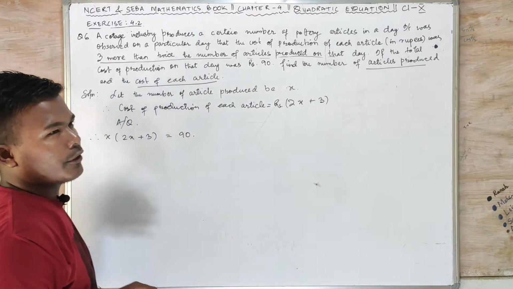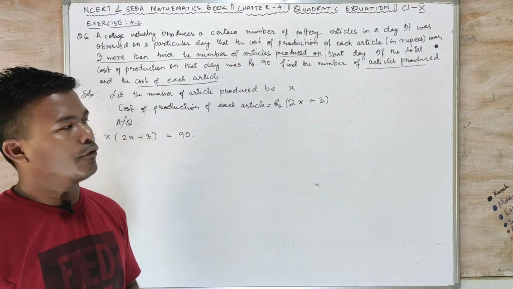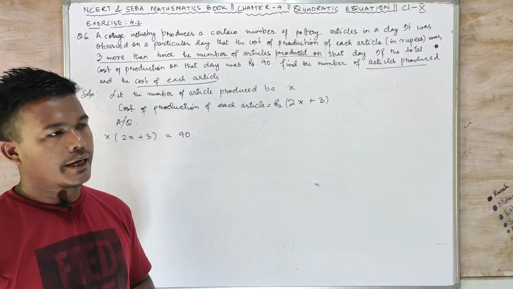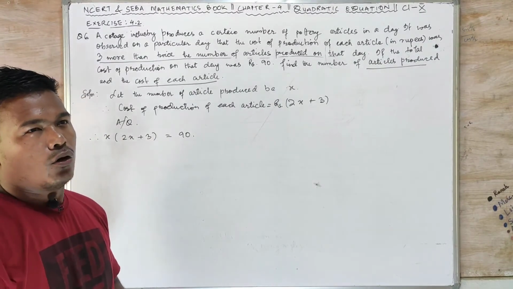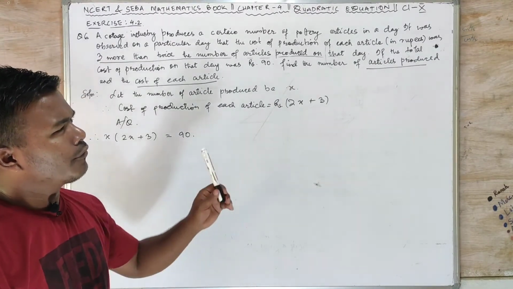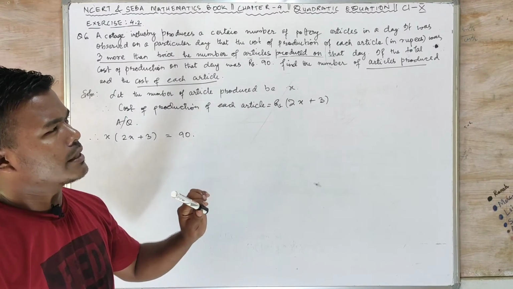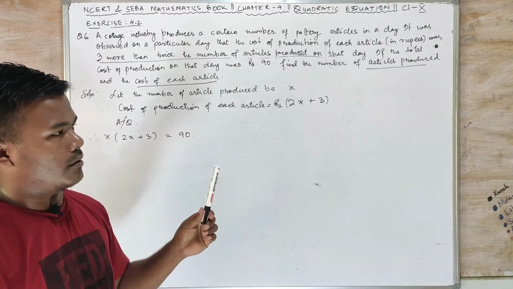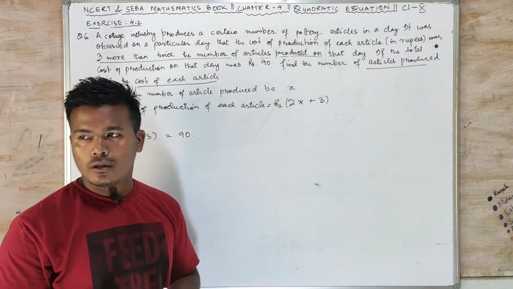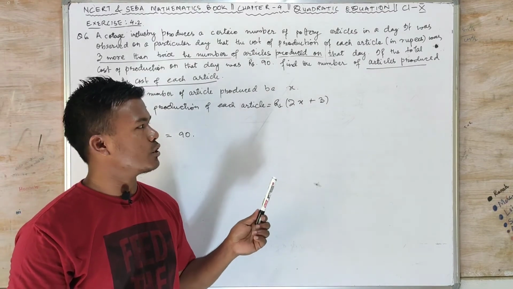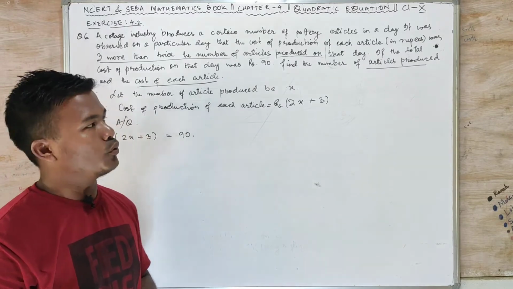Because you see here, if you have a small industry, let us just take the example of a pen. On a particular day, if you can make, let us say, 100 pens, and the cost of one pen is rupees 5, then 5 into 100 is how much?